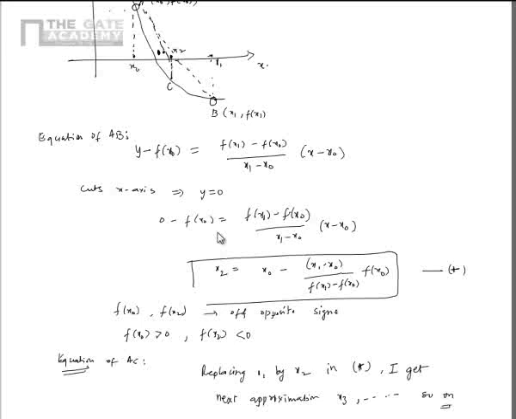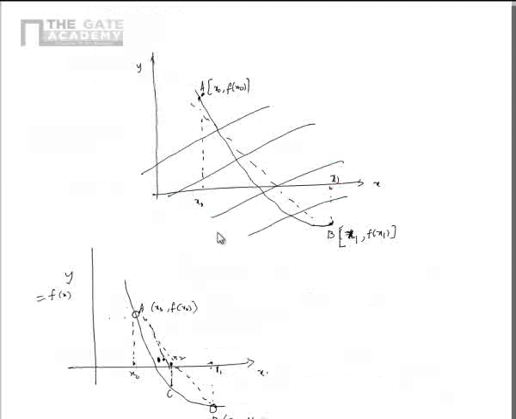So let's solve some problems so it will be clear. You can just follow this graph. Basically you're joining 2 points by an equation of a line, and where it meets the x-axis, that is your x-intercept. Now you have to try between the x-intercept and either of these two limits, depending on the signs of f of x0, f of x1 and f of x2.